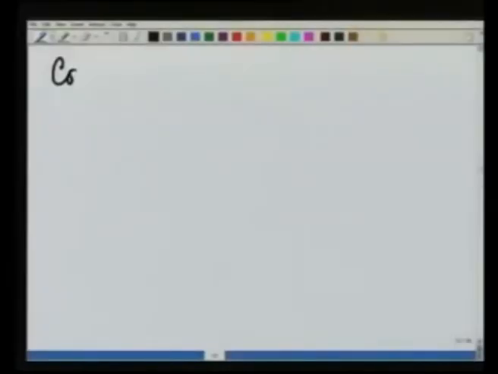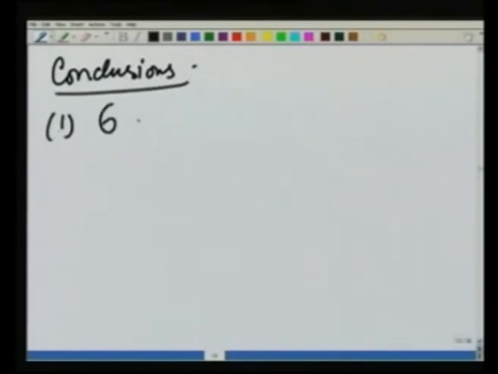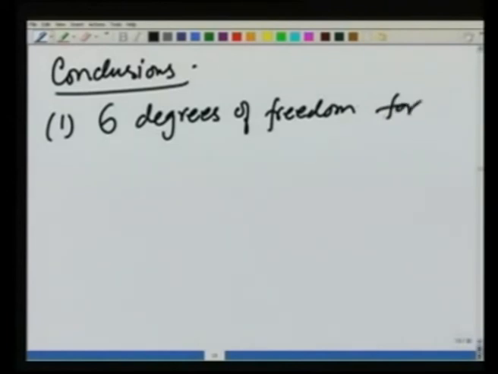Number 1, six degrees of freedom to describe the rigid body motion.